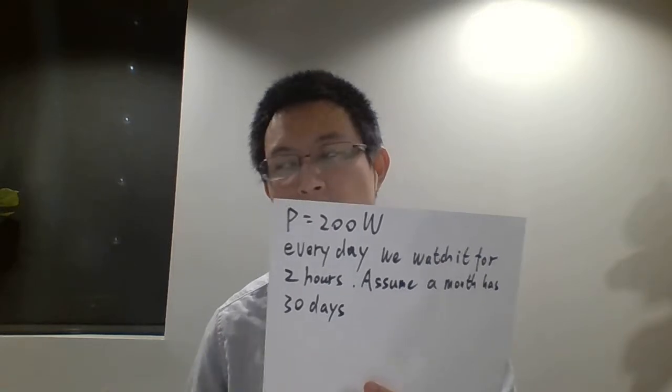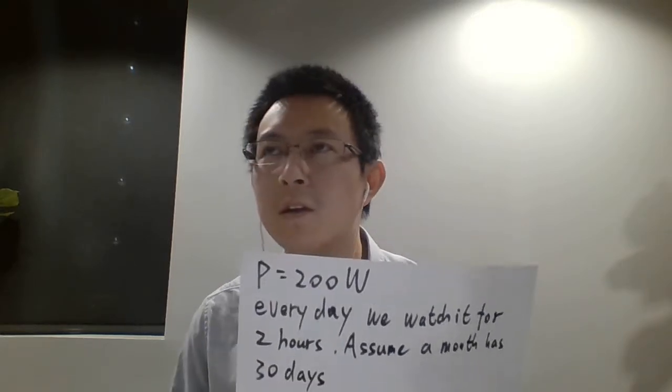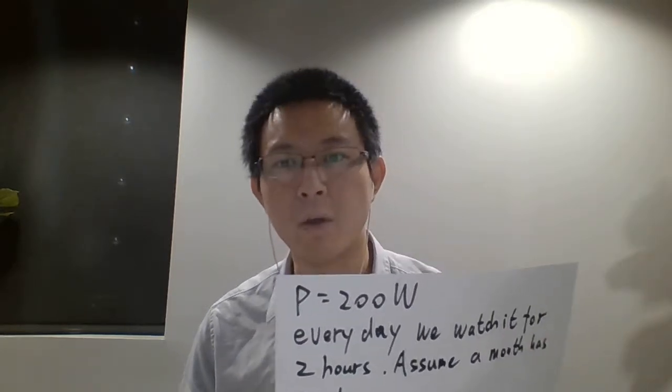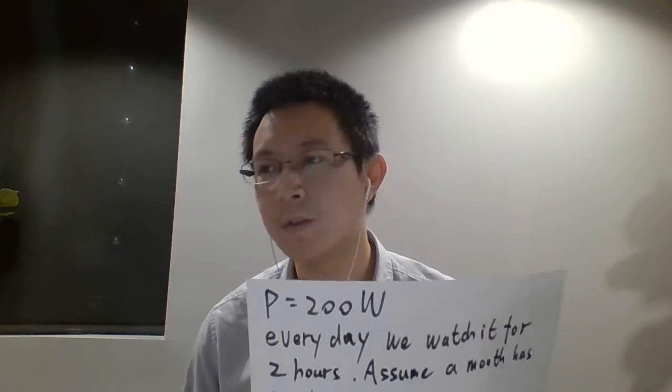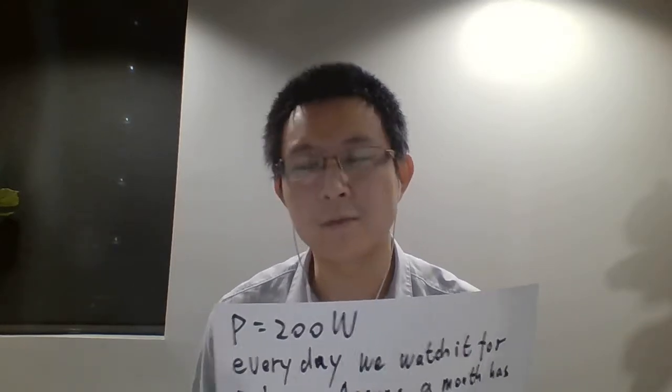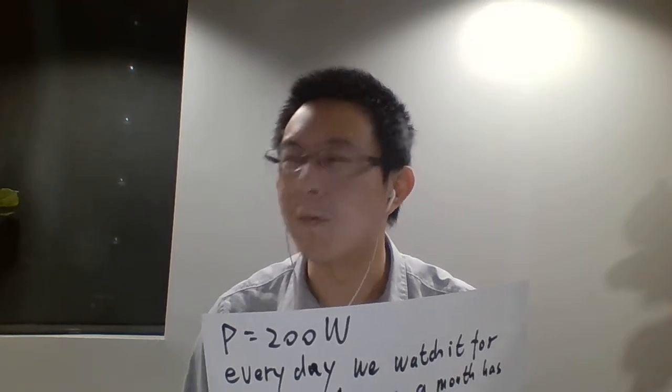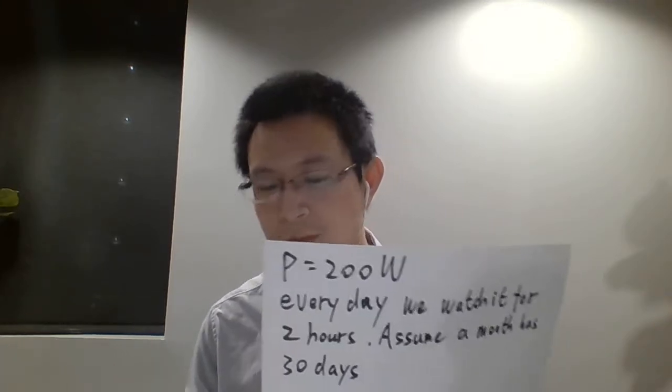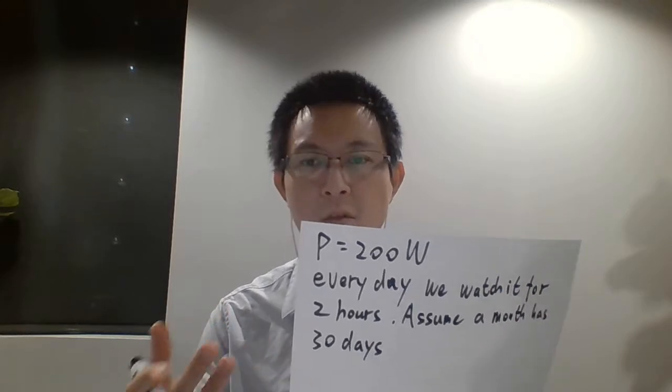Now assume a month has 30 days. It's definitely not January or February, or March. That's April, but for an average, it's 30 days a month.